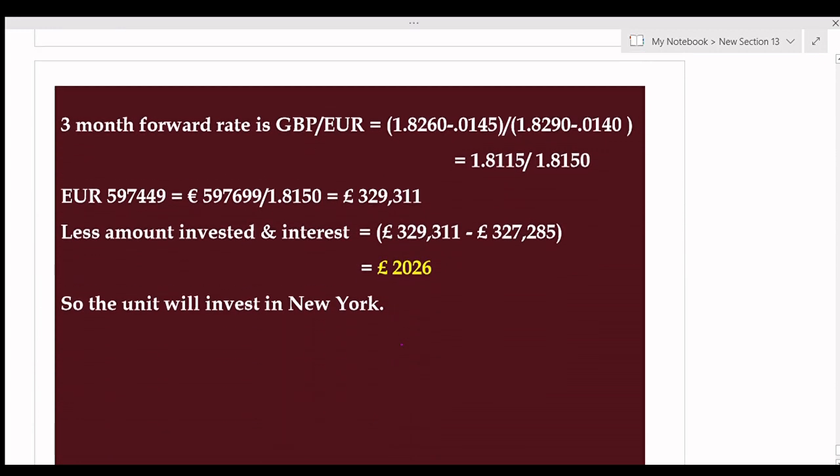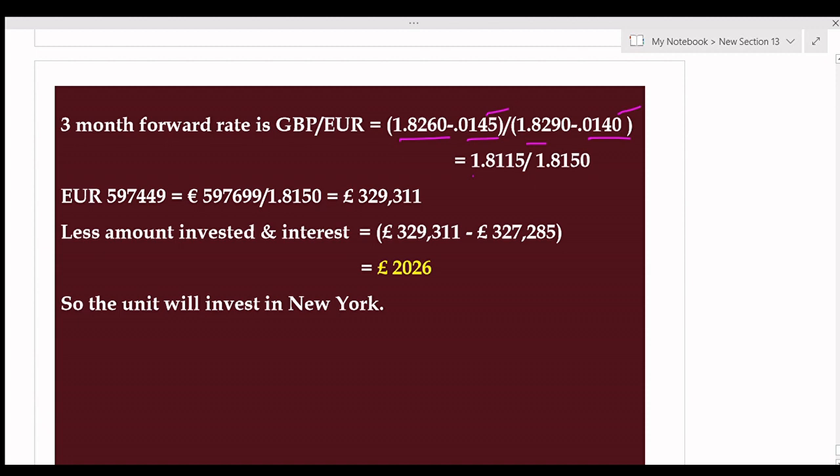The 3-month forward rate GBP euro is spot plus forward rate. It will be negative and it will be deducted because it is not a premium, it is a discount. 1.8260 minus 0.0145, 1.8290 minus 0.0140, because 0.0140 is less than 0.0145.